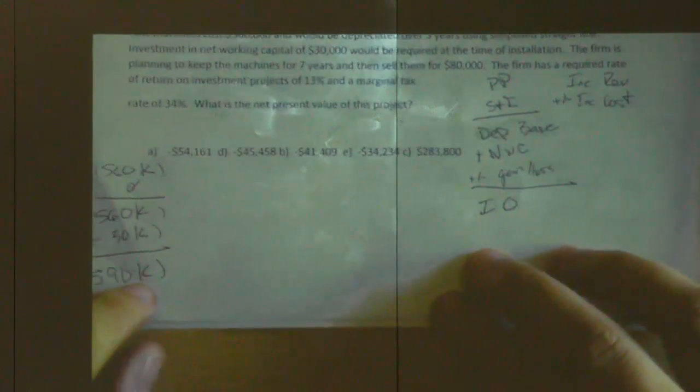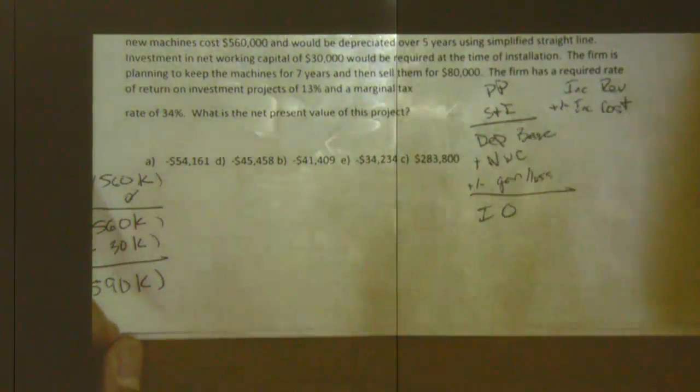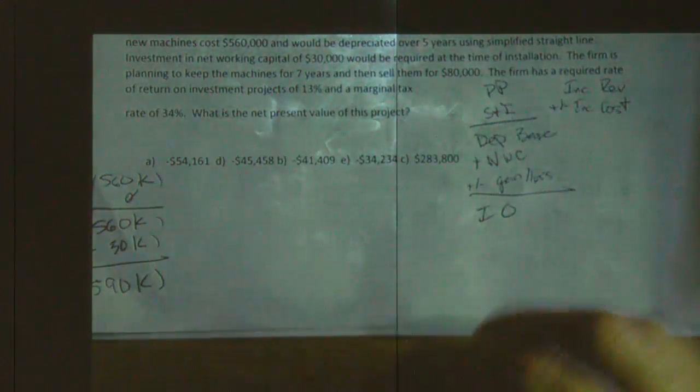And now the formula, or the setup for annual cash flows, is incremental revenues plus or minus incremental cost. Now, the reason why incremental cost can be a plus or minus is because if you can save costs by buying a machine, that will add to your revenues. That's why that can be a plus or minus.